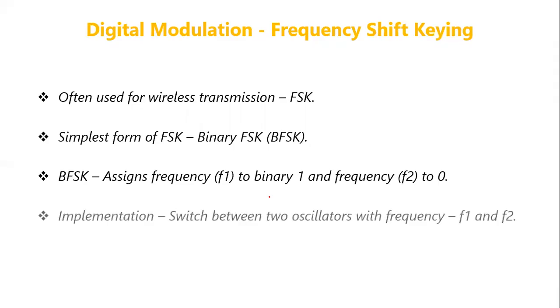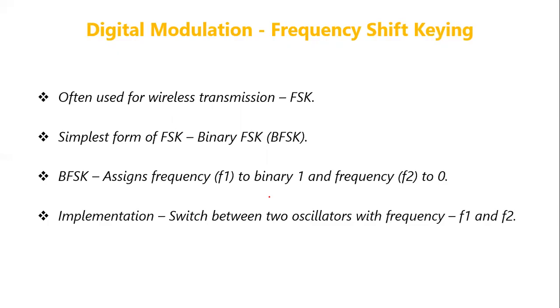Okay, and this can be easily implemented by using two different oscillators. One oscillator will be creating signals of frequency f1 and another oscillator will be creating signals with frequency f2. Whenever you want to transmit a 1, use the first oscillator. Whenever you want to transmit a 0, use the second oscillator.